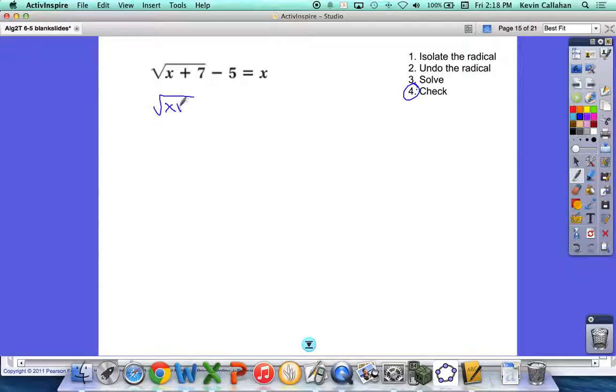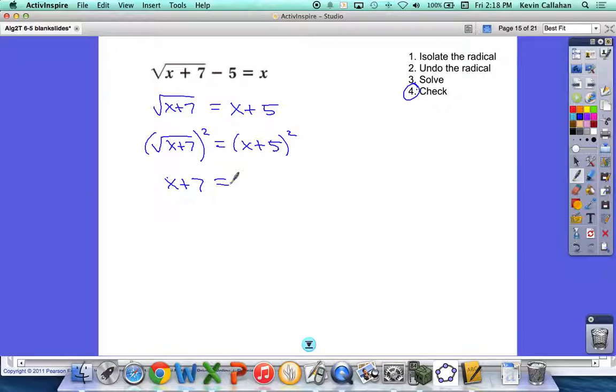So the square root of x plus 7 equals x plus 5. Then undo the radical. It's the square root. Square both sides. The square root of x plus 7 squared equals x plus 5 squared. The square of the square root gives us x plus 7.